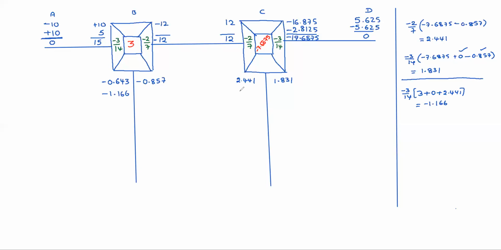Always we need to see the sum of the fixed moments, this one in red color, and always foreign contributions also we need to consider.